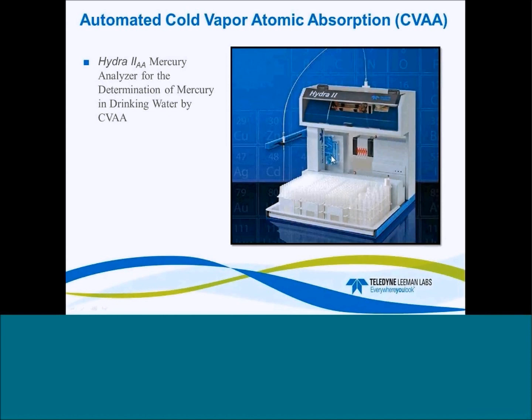In the gas liquid separator, the liquid is pumped to waste, and the gas itself, including both the carrier gas and the mercury vapor, is carried up into the spectrometer. Typically, it'll have a dedicated mercury lamp and a detector located behind an interference filter, which is designed to limit the emission to the wavelength range of 253.7 nanometers.